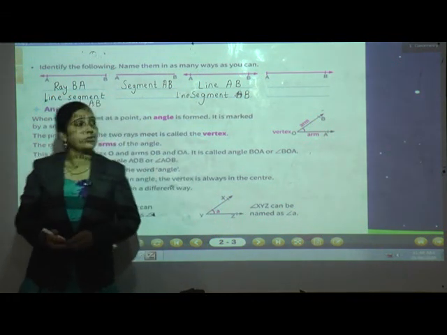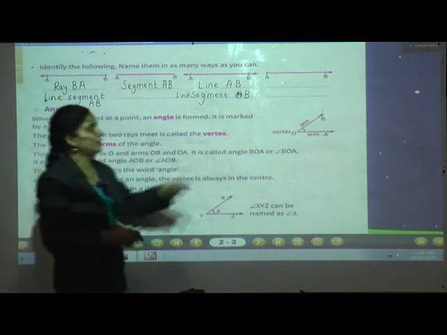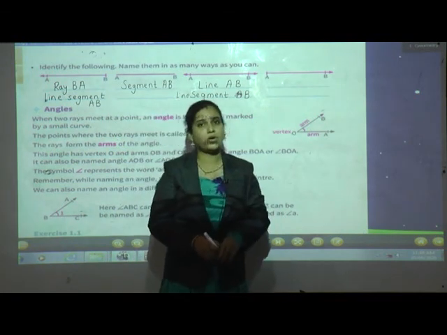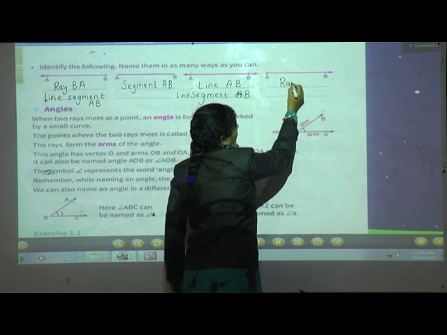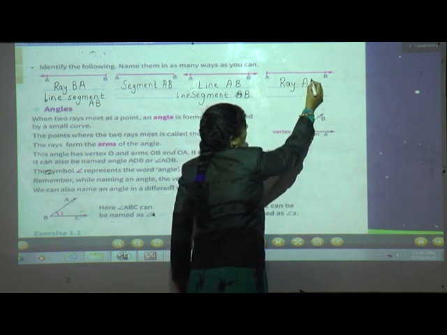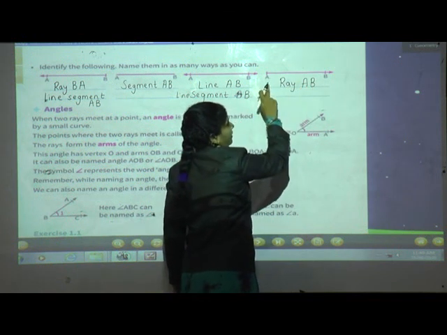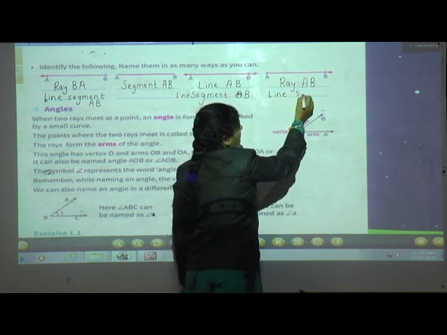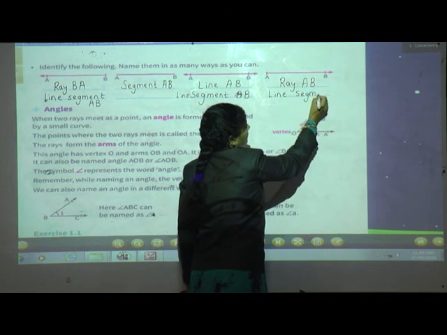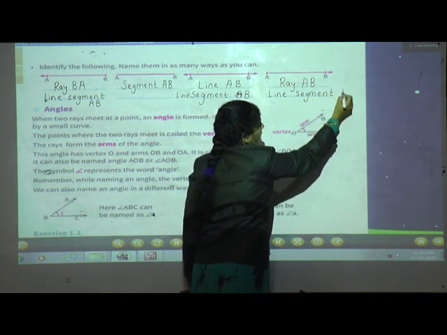Then, our last figure, what is this? This is also ray AB, and another name is line segment AB.